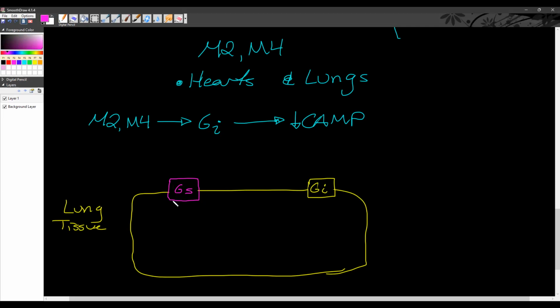The first thing I want to talk about is GS. Once GS is activated, it is going to affect adenylate cyclase, which is going to convert ATP into cAMP.